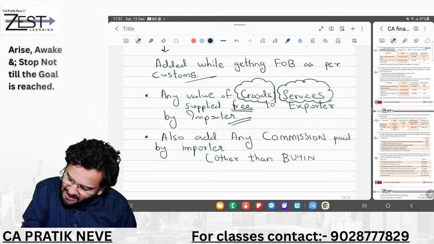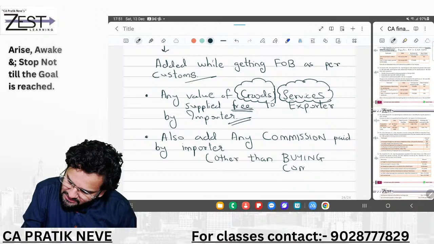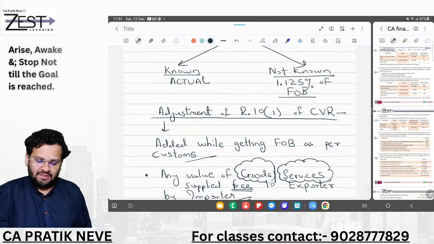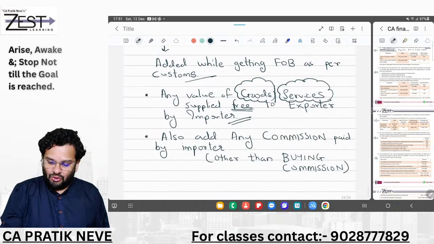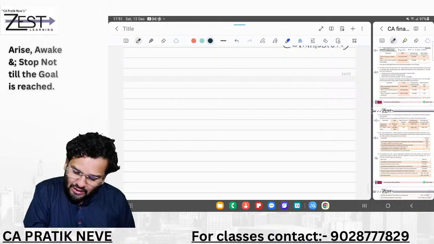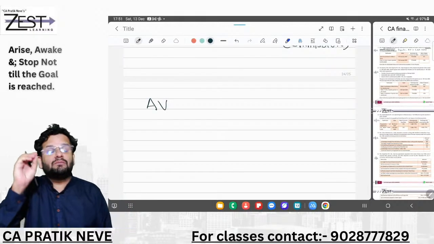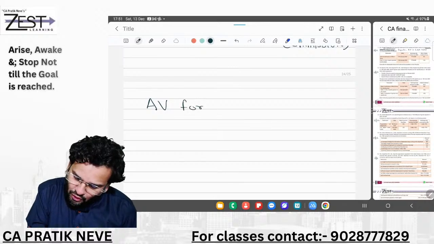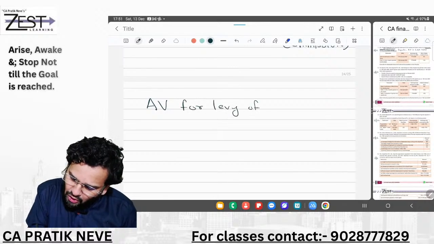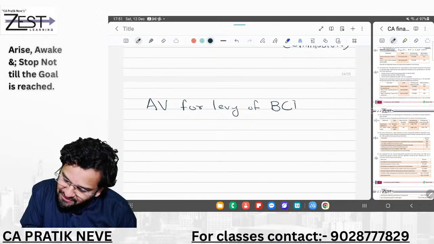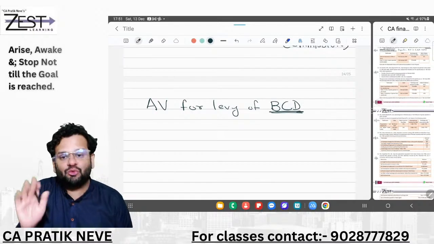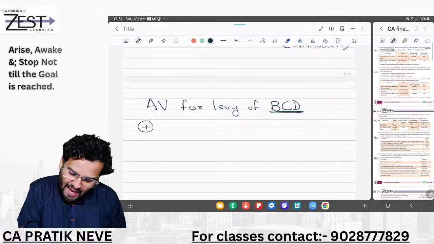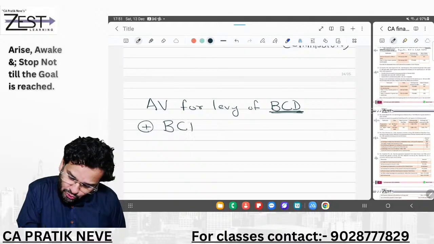Okay, so now it's time to apply all these things. And whenever now you get assessable value, how to calculate the customs duties payable? Understand? So you will get assessable value for levy of, mostly, the basic custom duty. So you have got that now. In that you add basic custom duty.